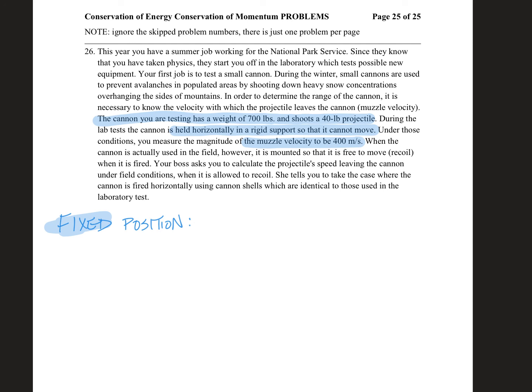So all that energy of exploding, assuming that it doesn't heat it up and all that jazz, we're going to assume that that is the energy that's left in the explosion. So the initial energy in this fixed position, all of that energy has to go into the speed of the projectile.